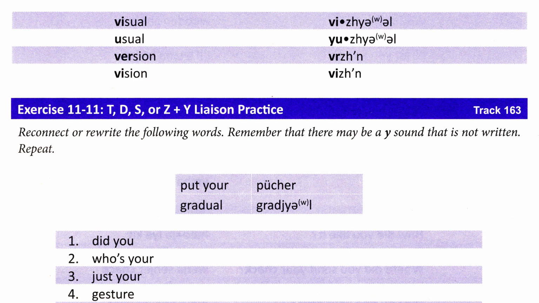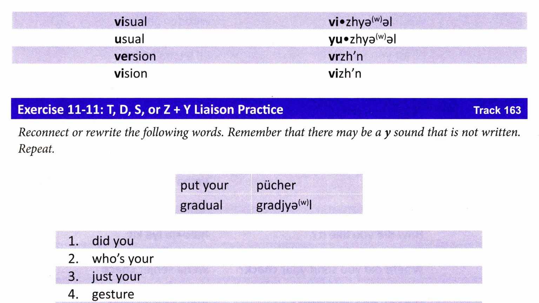Exercise 11-11. T, D, S, or Z plus Y liaison practice. Reconnect or rewrite the following words. Remember that there may be a Y sound that's not written. Repeat. Putcher. Gradual. 1. Did you? 2. Who's your? 3. Gesture. 4.